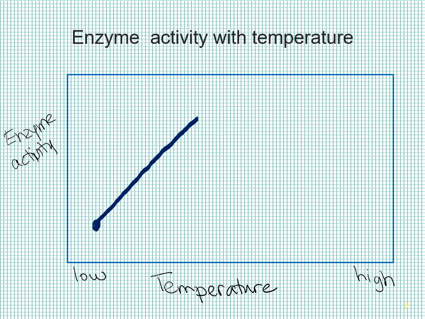But then we start to reach a point where the enzyme will start to denature. And when we reach this point, we can see that the reaction rates will start to slow down. You'll reach a peak, and then it'll denature and fall apart and just not work anymore. So you get a curve, and we see these over and over again.